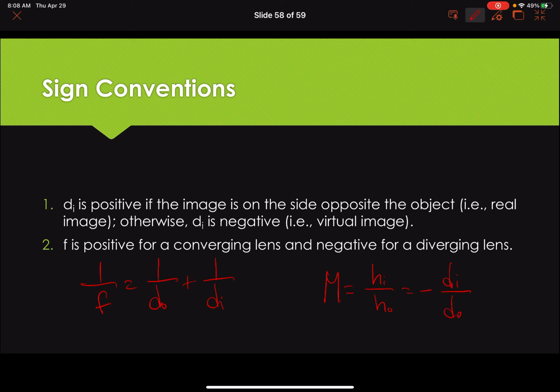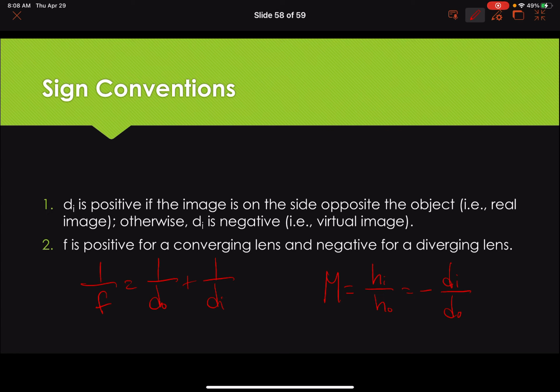So the focal length of a lens is given by 1 over f equals 1 over the object distance plus 1 over the image distance. And then the magnification is equal to the image's height over the object's height. And it's also equal to the negative of the image's distance over the object's distance.